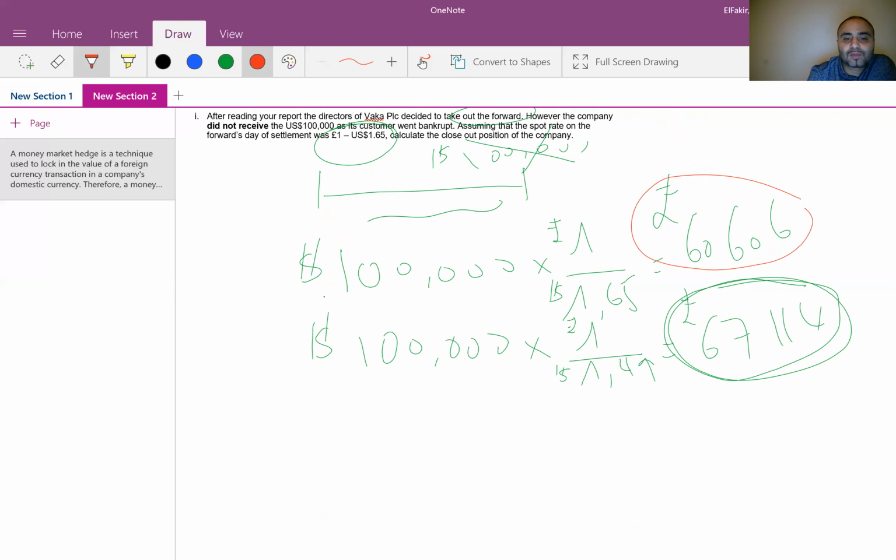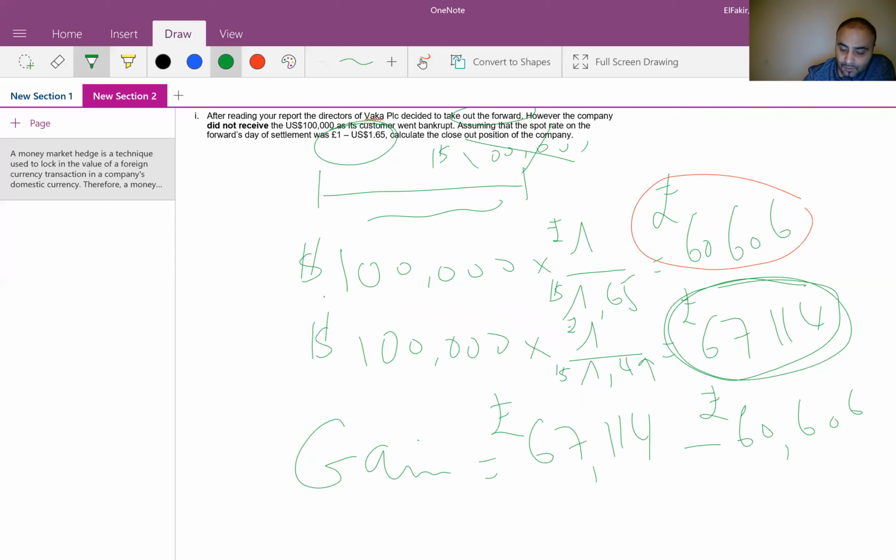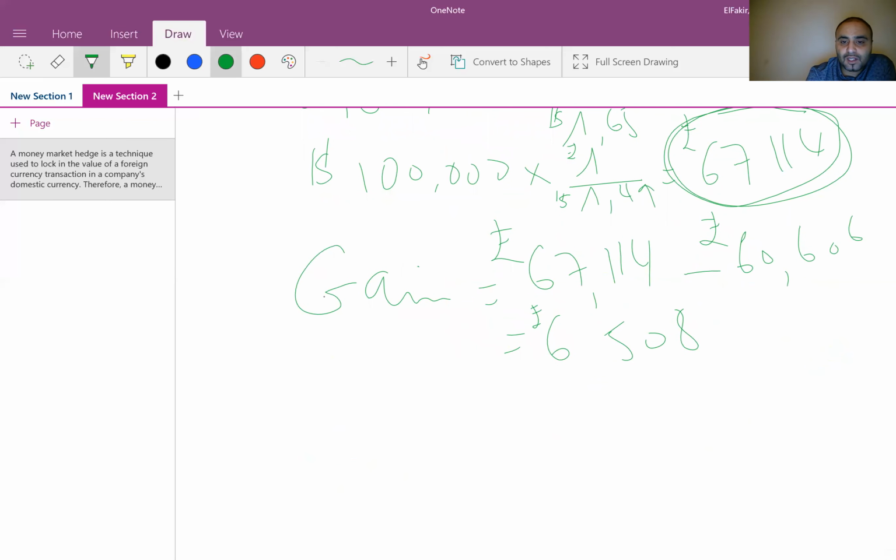So really, the company has made a gain. 67,114 minus 60,606 pounds, and that should give a value of 6,508 as a gain. Now, this situation when we have a defaulting client is simply called a close-out situation, and it has resulted in a gain in this case.